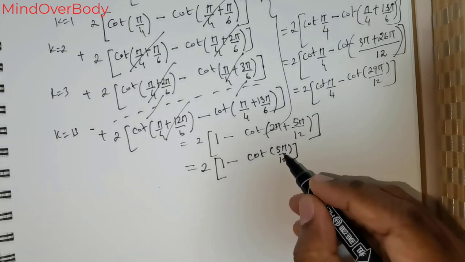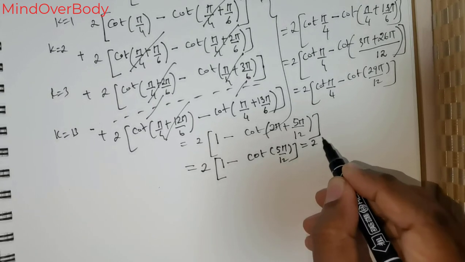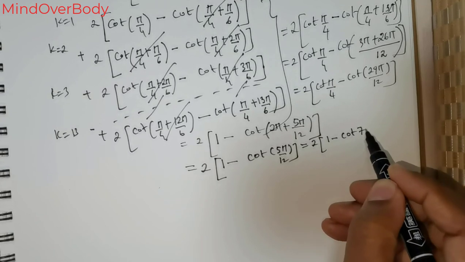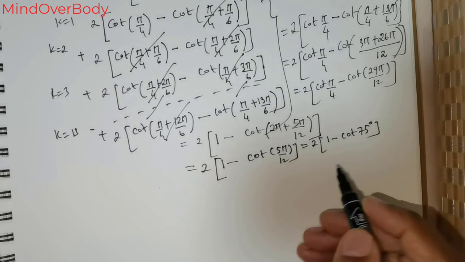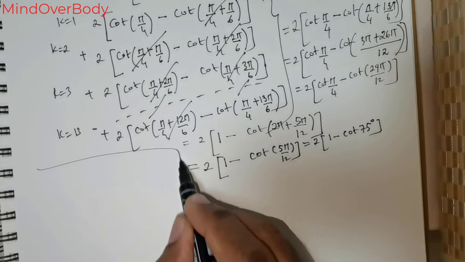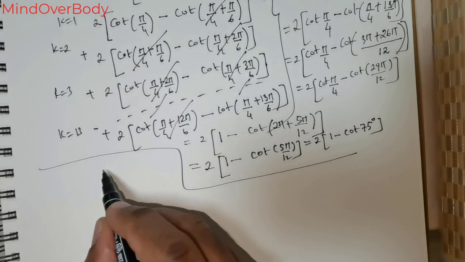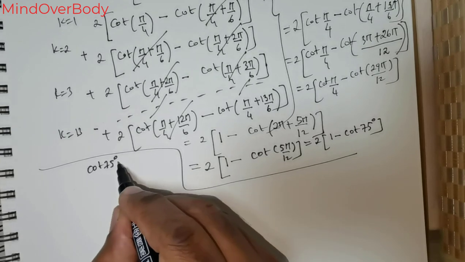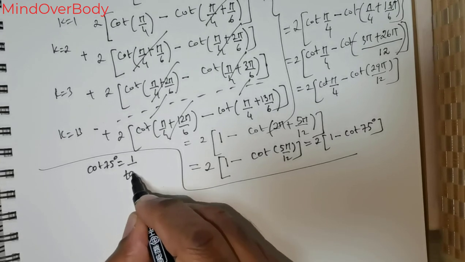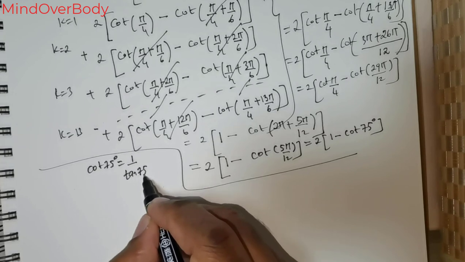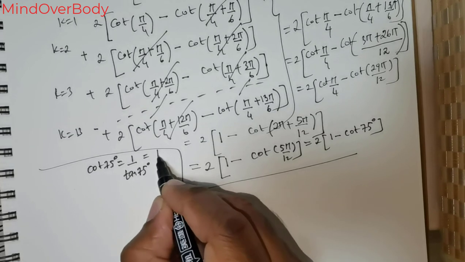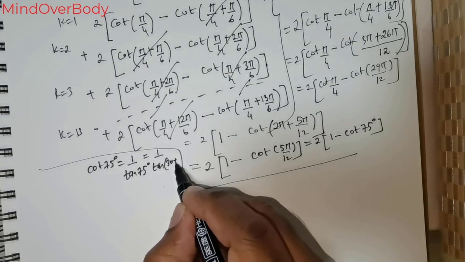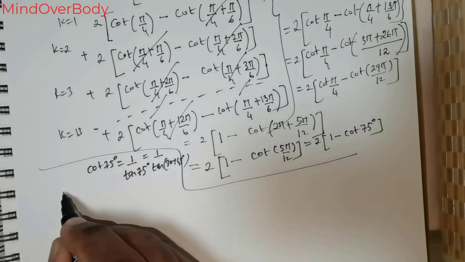Now cot of 5 pi over 12 is nothing but cot 75 degrees, right? Now I can rewrite cot 75 degrees. Let me just show you how to find the value of cot 75. I'm going to use cot 75 degrees as 1 over tan 75, which is nothing but 1 over tan of 30 degrees positive 45 degrees.